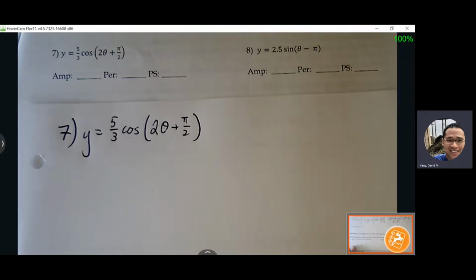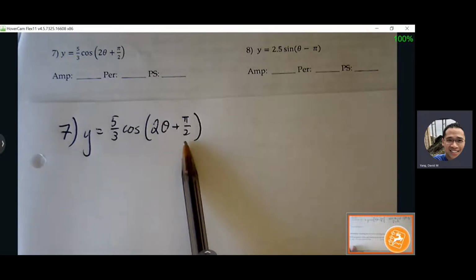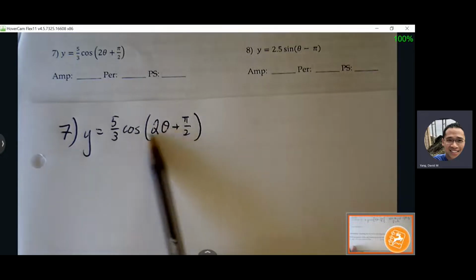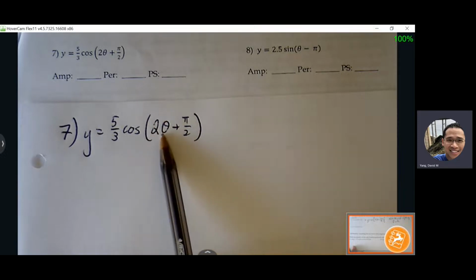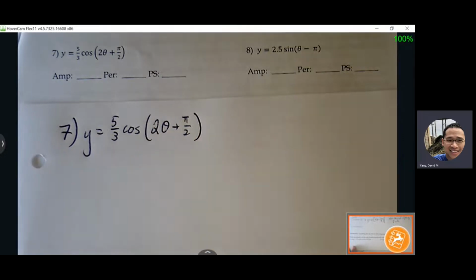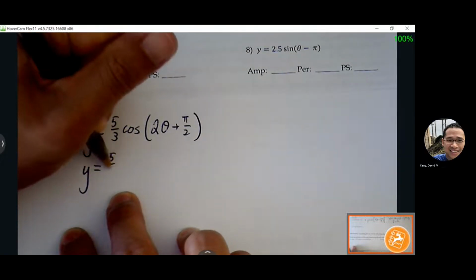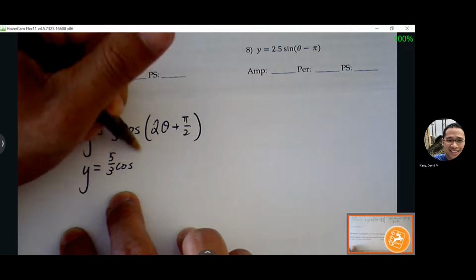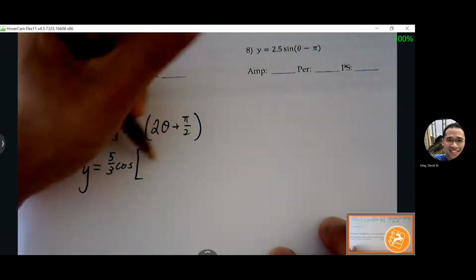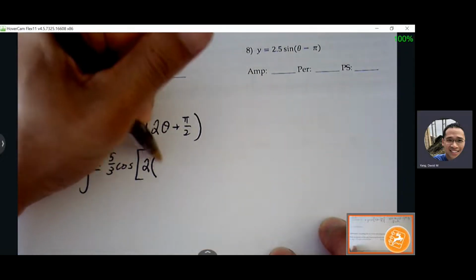We know there's going to be a phase shift, but there's something standing in the way. This is not truly the phase shift because that 2 is not factored out. We need that theta by itself. That 2 needs to be pushed out. So we're going to rewrite it. Y equals 5/3 cosine bracket 2 parentheses theta.